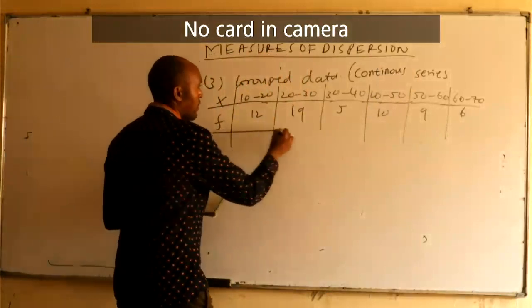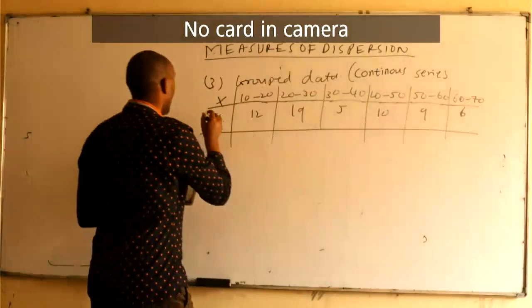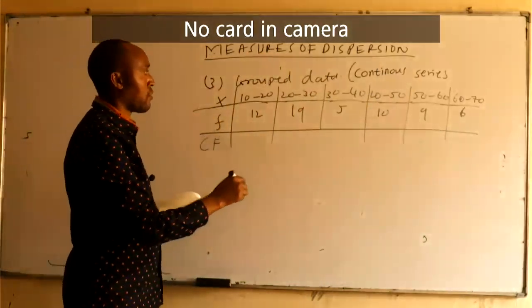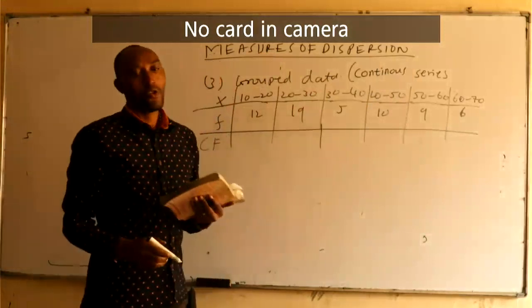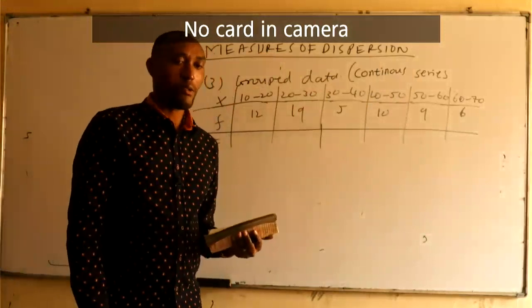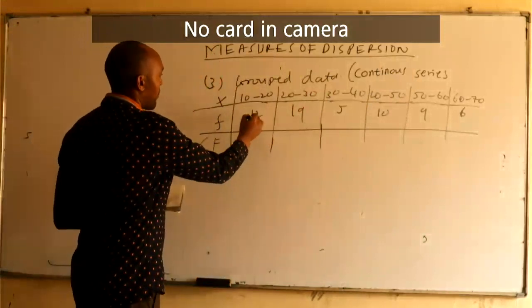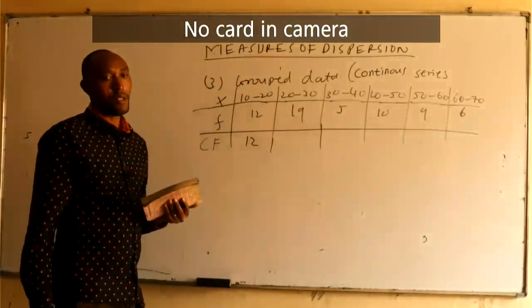So for a continuous series, we go straight away and look for the cumulative frequency. We take the first number, which is 12.